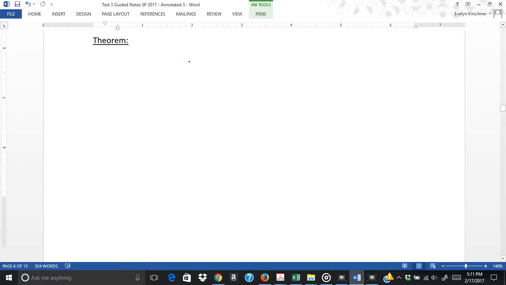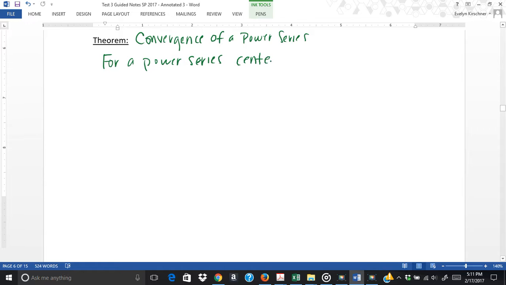So my convergence of a power series theorem goes like this. I have a power series centered at c. Precisely one of the following is true.